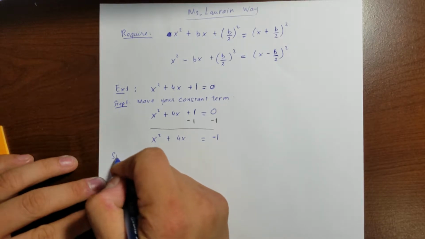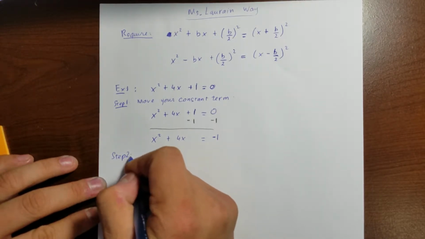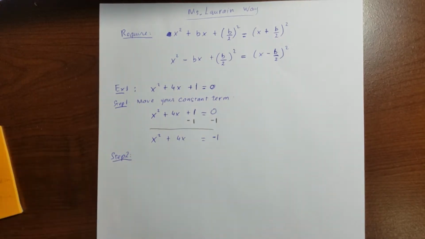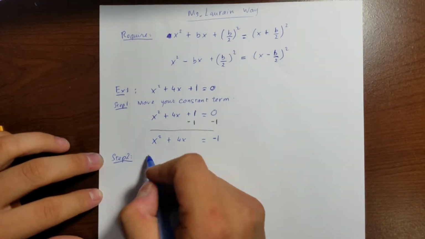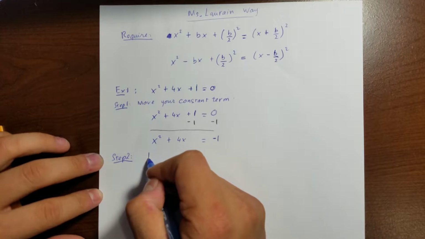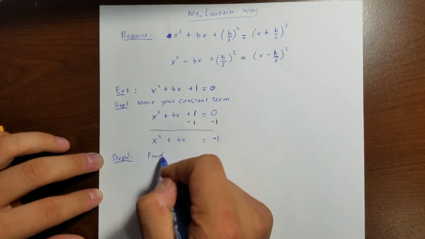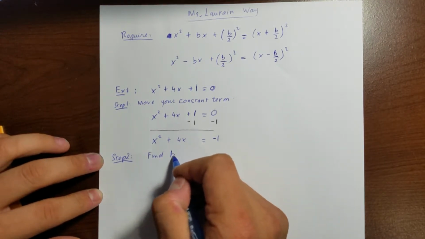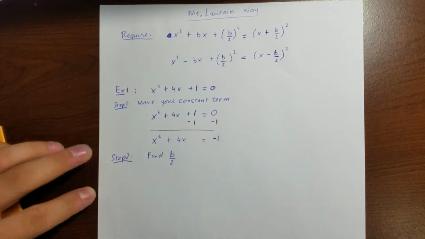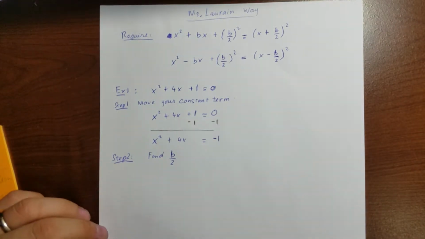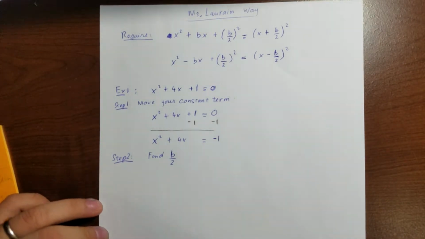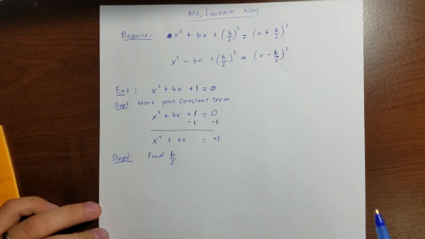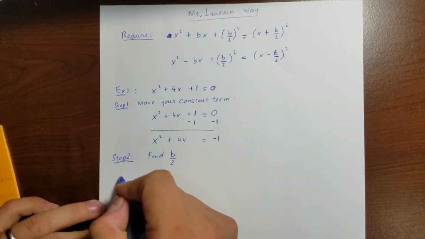Then step 2, you have to find your b over 2. To find b over 2, one of the most critical things you need to do is identify your b.